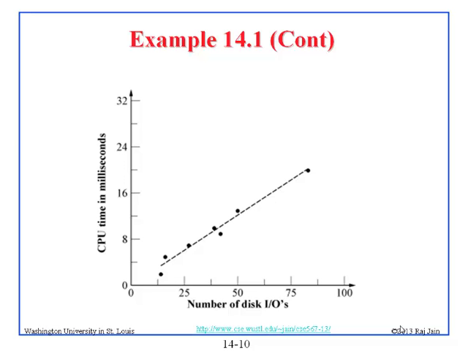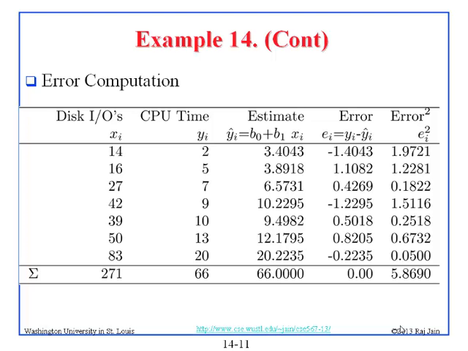And this is how the line looks. You plot the graph. Looks pretty good. X versus Y. For the errors computation, basically you calculate yi hat from the model that you fit.